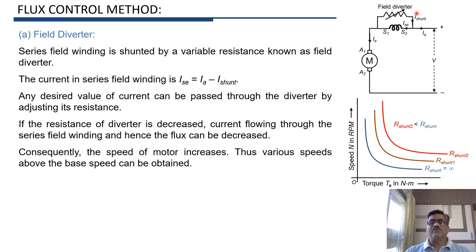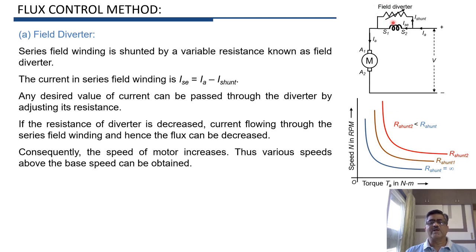Now if field diverter resistance R shunt is reduced, then some current I shunt will flow through field diverter and remaining current will flow through the series field winding. Therefore, current in series field winding will reduce, flux will also reduce and speed will increase as represented by this characteristic.